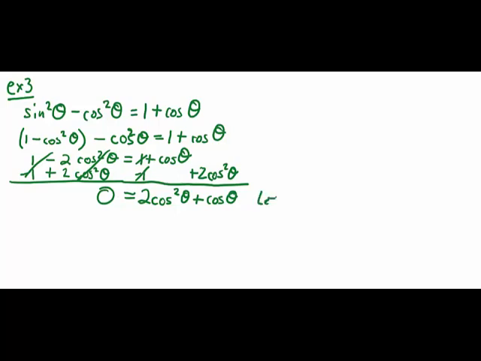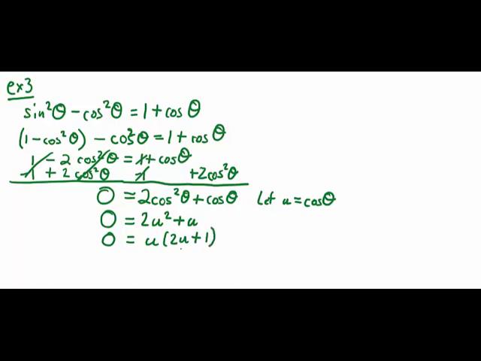I'm going to let u equal cosine theta. Okay, so here's what I have. 0 is equal to 2u squared plus u, like so. Then I'm going to factor out a u, because I'm trying to solve for u, and with a power, this is the technique we will use here from college algebra.